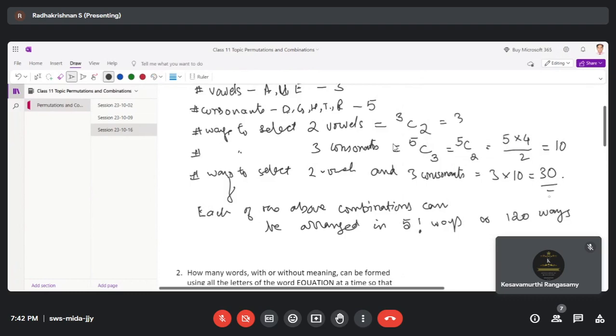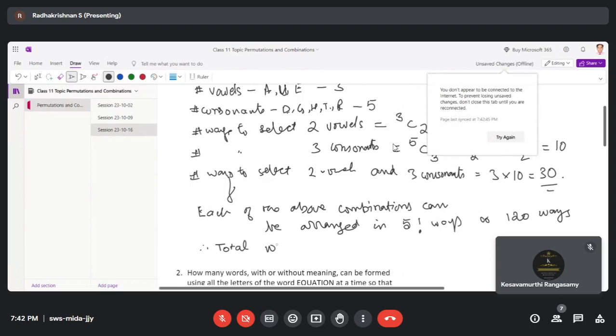So there are 30 combinations, and each combination can be arranged in 120 ways. Therefore, the total number of arrangements, or total number of words, is 30 times 120.